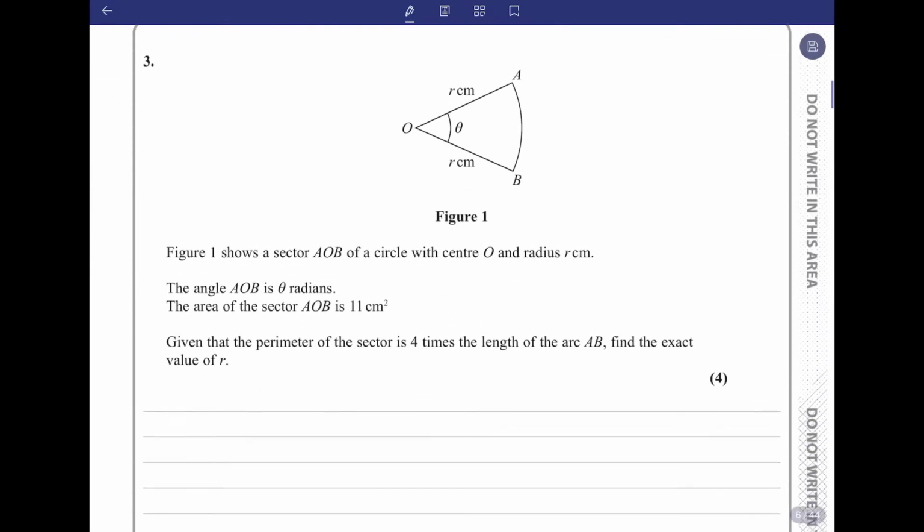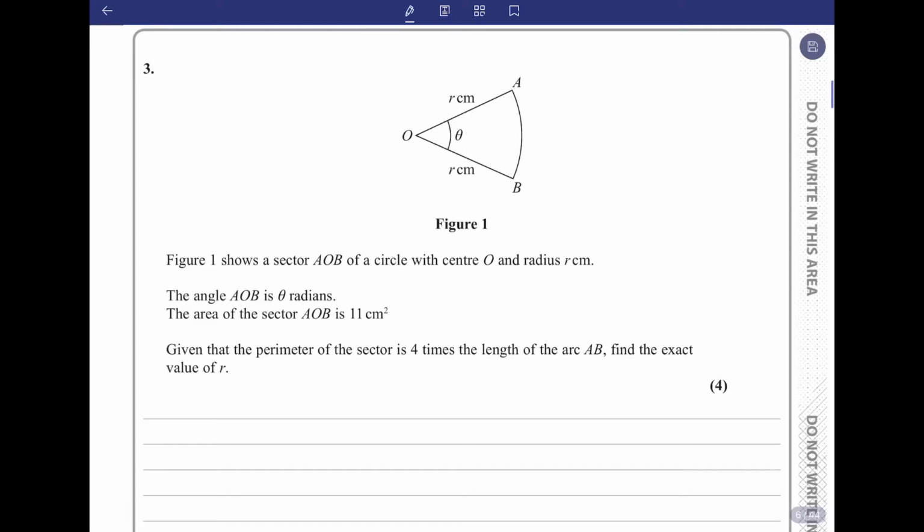Moving on. Question 3, we've got a question about sectors and arc length. There are two main formulas to remember here before we even look at the question. Arc length, that's this AB here, is r times theta, where r is the radius and theta is the angle.